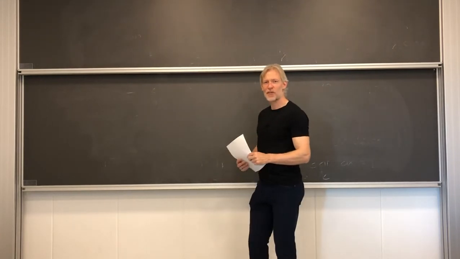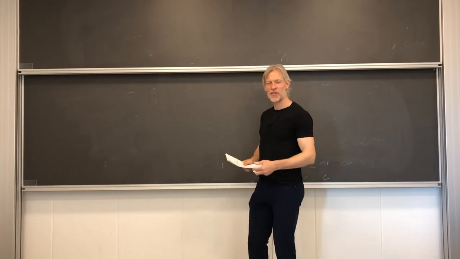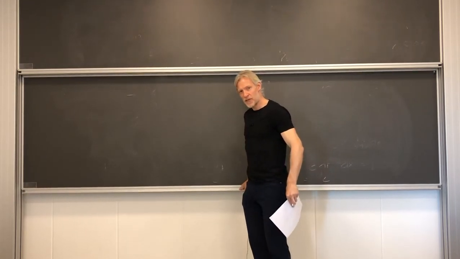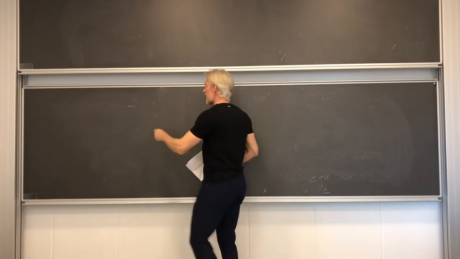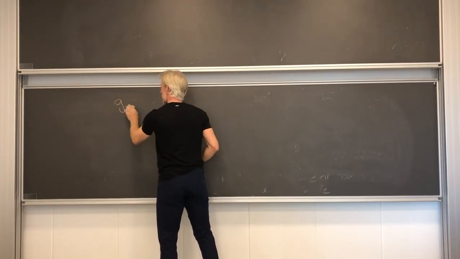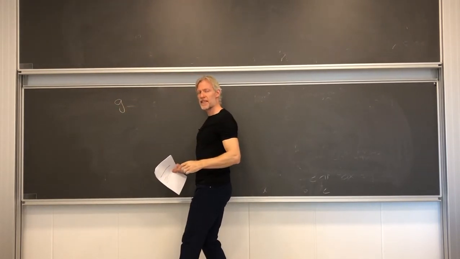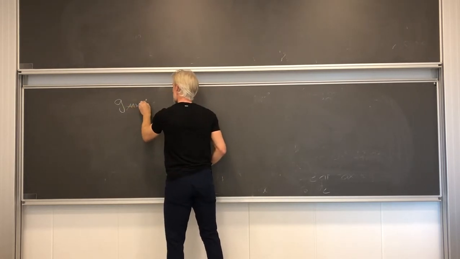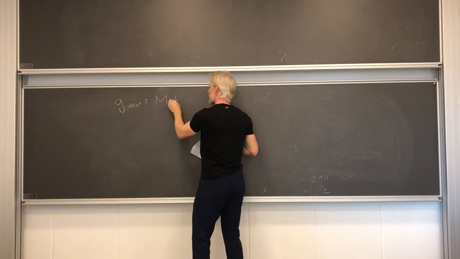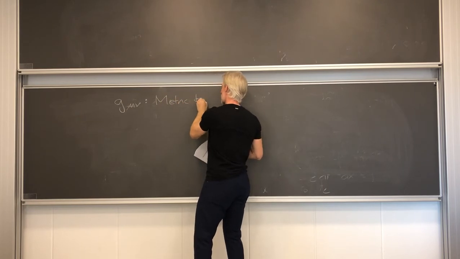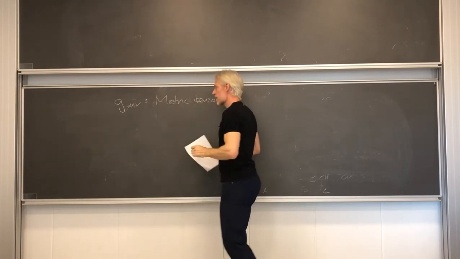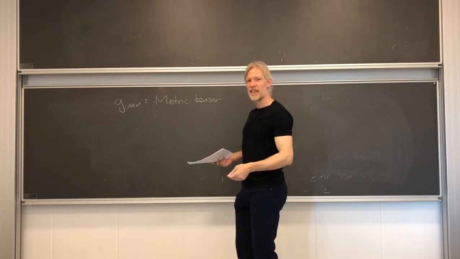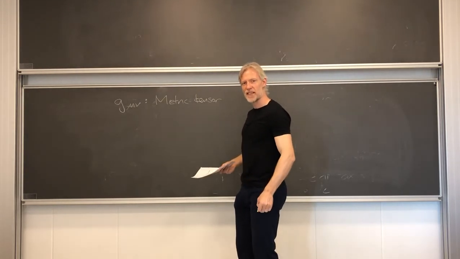Okay, so now we're getting one step closer to actually doing general relativity. What we've established so far is that in order to fully describe some space-time metric, we need this thing called the metric tensor, and that can be used to calculate all distances in the space-time I'm looking at.